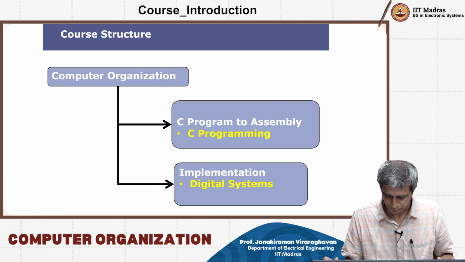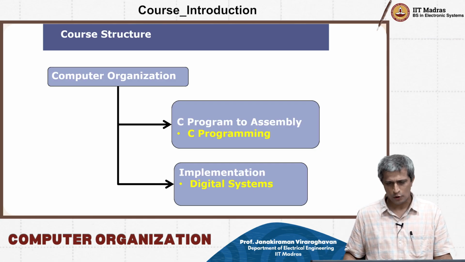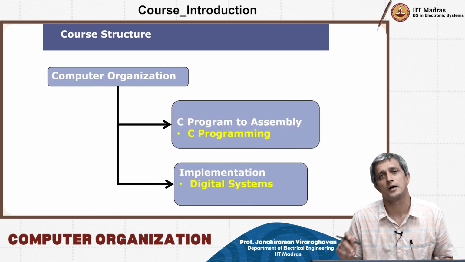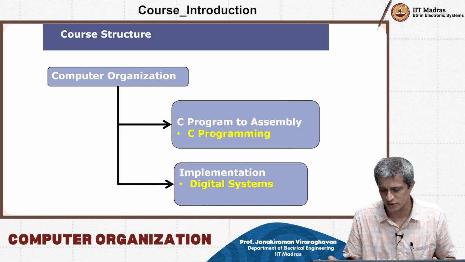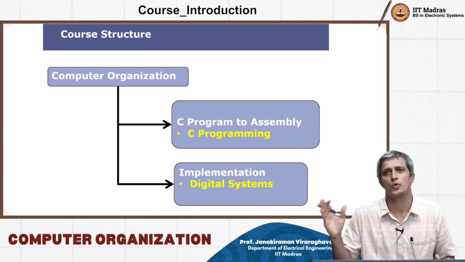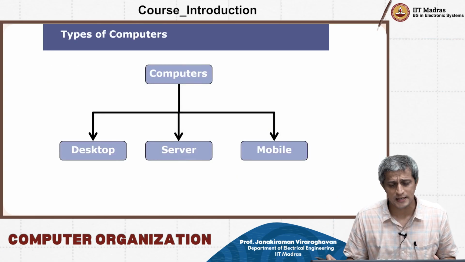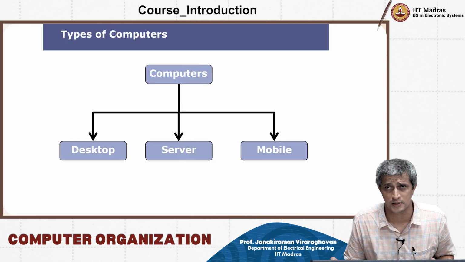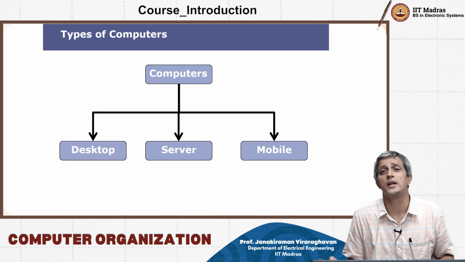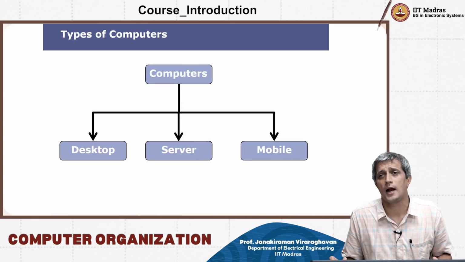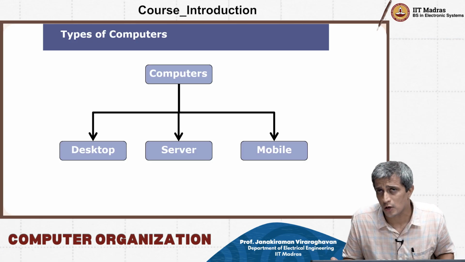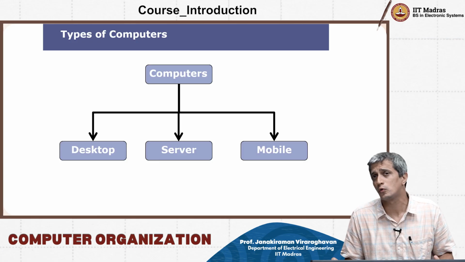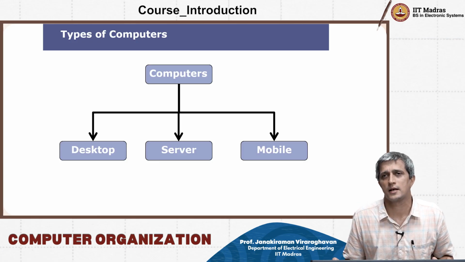So for now we are going to only focus on the first part of the course, which is taking a C program down to assembly. But before that, let us look at what kind of computers are available with us today, right? Because we live in a very interesting era, because today you have something called ChatGPT or Claude or whatever, which is able to talk to a human being almost like another human being, right?